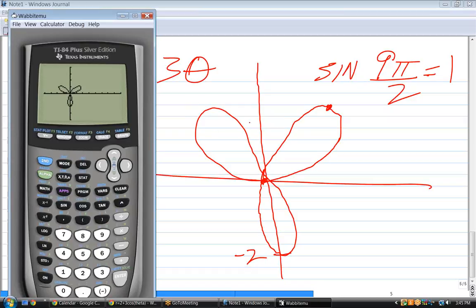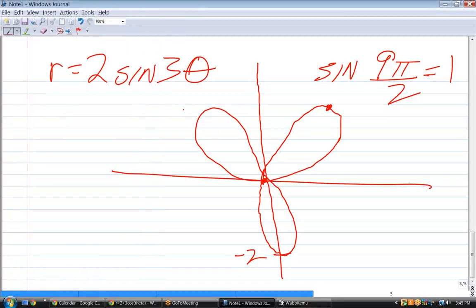But the sine of 3 theta would be the sine of 9 pi over 2. In other words, if I let theta equal 3 pi over 2, then the sine of 3 theta is 9 pi over 2, and that's 1. Times 2 would be a positive 2. I'm doing something wrong here. I can't figure out what it is.